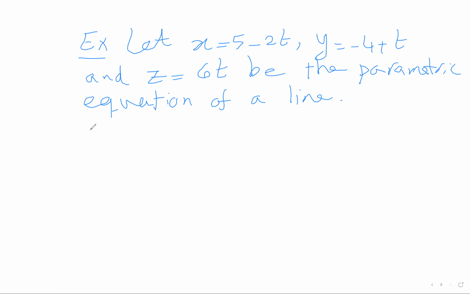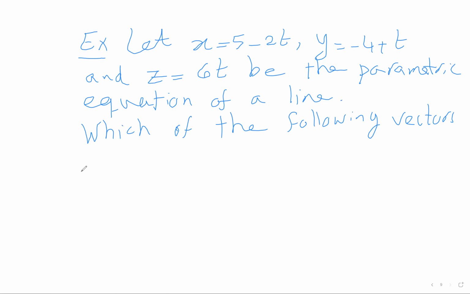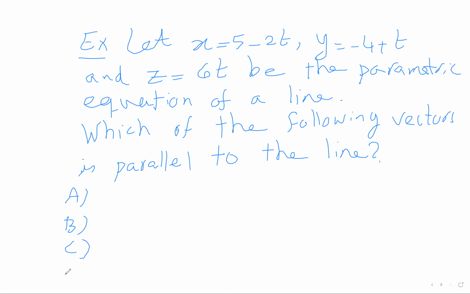Now, determine which of the following vectors is parallel to the line. So I give 4 vectors, A, B, C, and D. One vector is 5, minus 4, and 0.